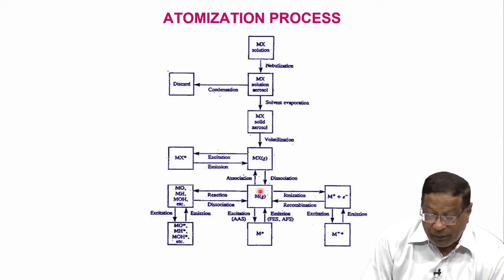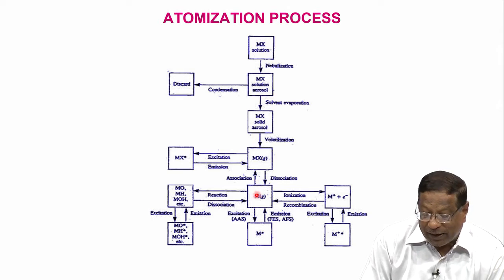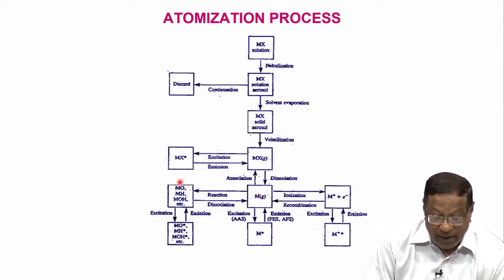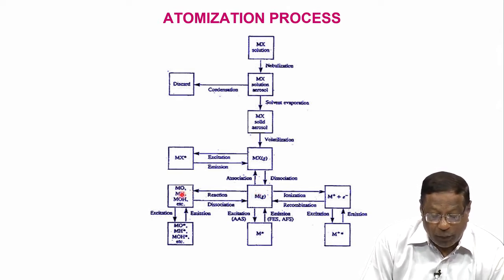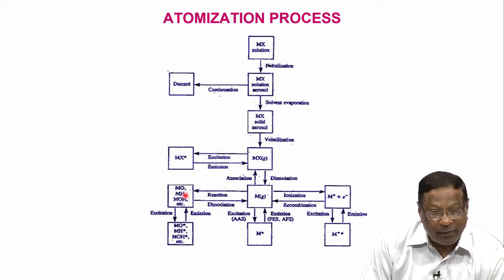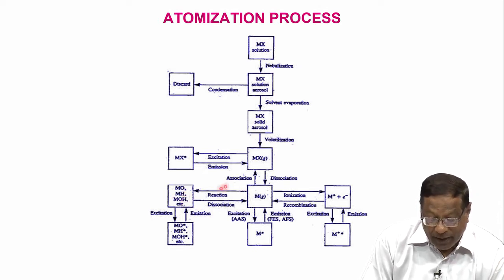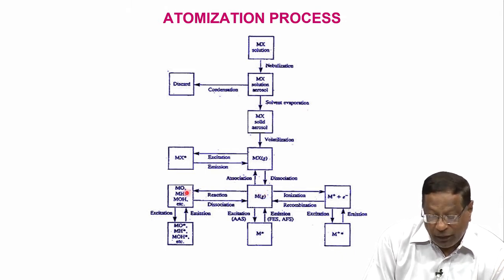If it undergoes chemical reactions with the flame elements, I have MO, metal oxide, MH, metal hydride, MOH, that is metal hydroxide, etc., and these can also dissociate to form M(g), that is metal vapor. That means this is another side reaction where there is loss of metal to some extent.